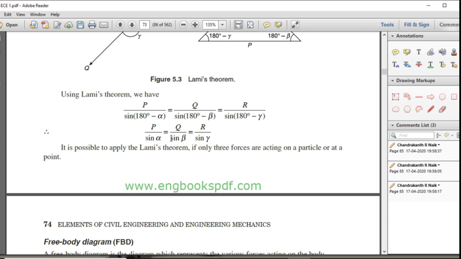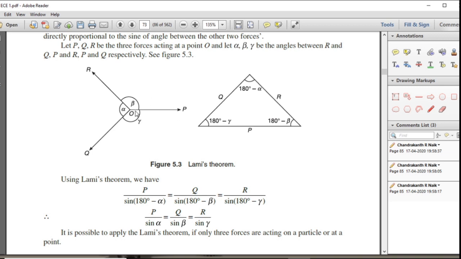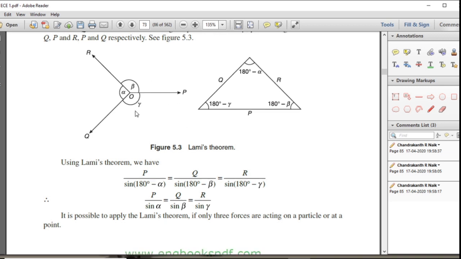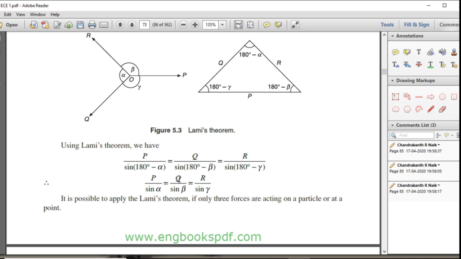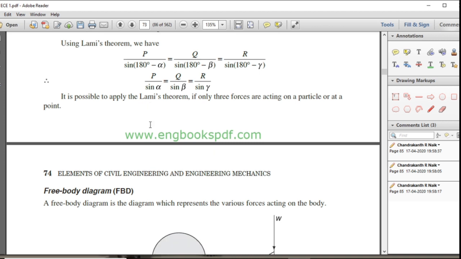P by sine alpha equals Q by sine beta equals R by sine gamma. Whenever three forces are coplanar and concurrent, we can use this relationship for finding an unknown force or an unknown angle. This was about Lami's theorem.